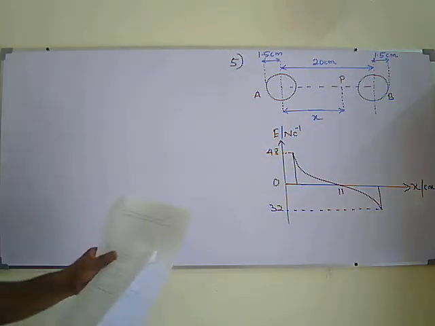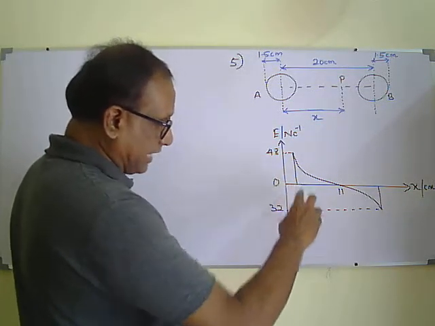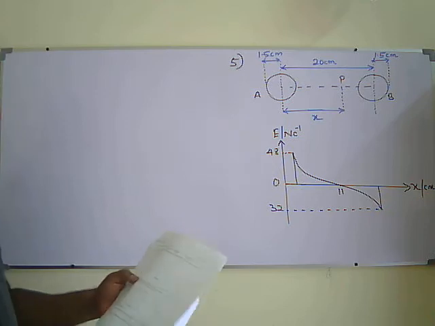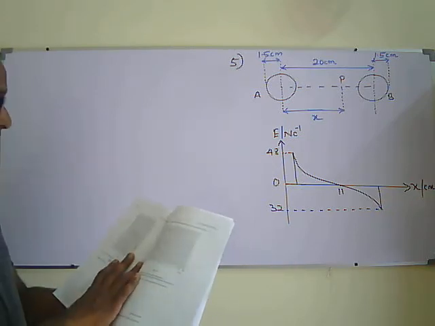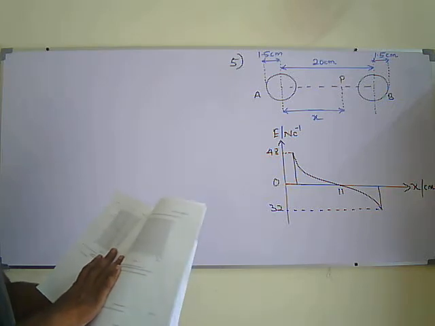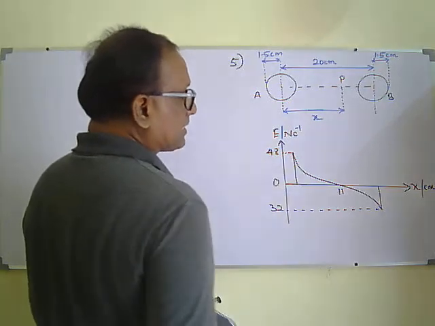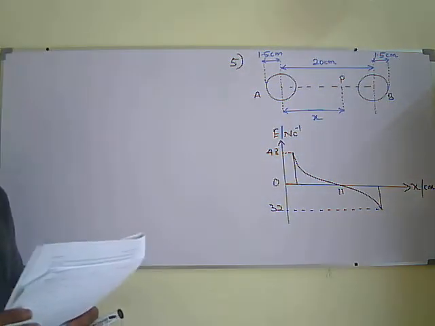You can see the electric field strength below this is 0, that value, if you read it from the graph, is almost 1.5, yeah, 1.5 it should be. So you can see inside the sphere electric field strength is 0, right?